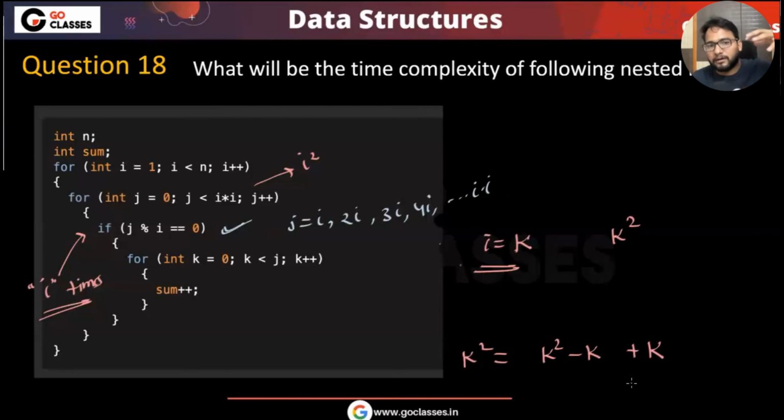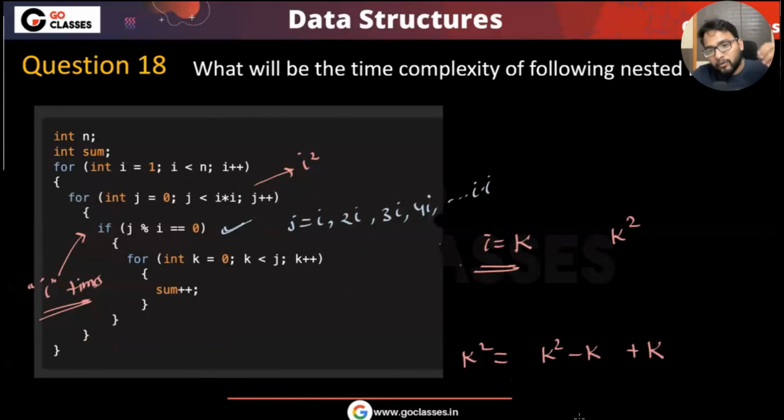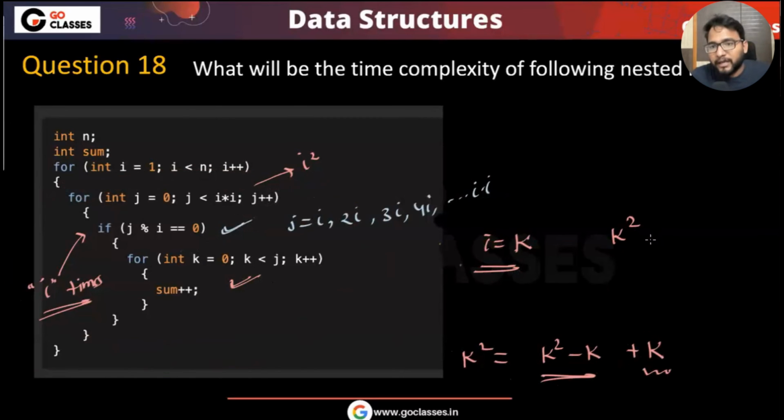What I am saying is that this is going to run k square times for i equal to k, but out of those k square, k times will be such that this is also true, right? And k square minus k times this is not true, which means that for i equal to k, the total time complexity of this whole thing is k square minus k times just doing nothing, meaning order of 1, and k times it is doing this j work.